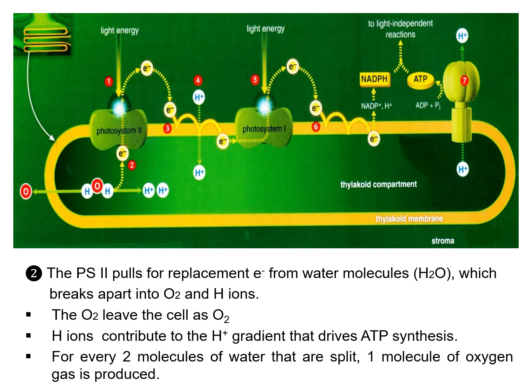This oxygen will leave the cell in the form of oxygen gas. Meanwhile, the hydrogen ions will contribute to the hydrogen gradient that drives ATP synthesis later. And for every 2 molecules of water that are split, one molecule of oxygen gas will be produced.